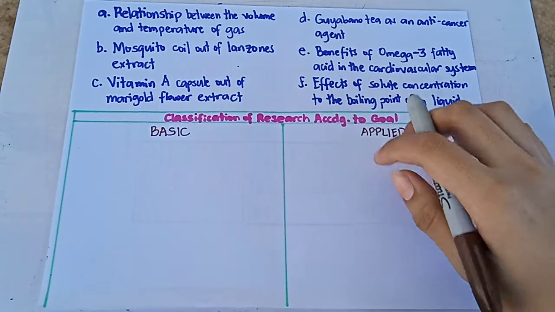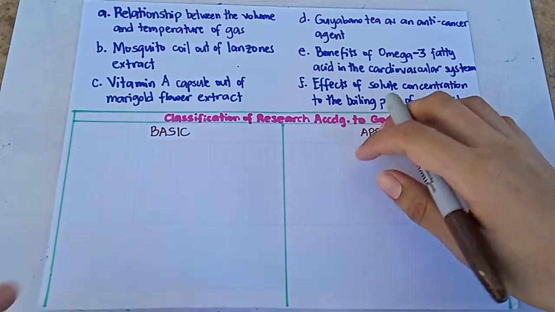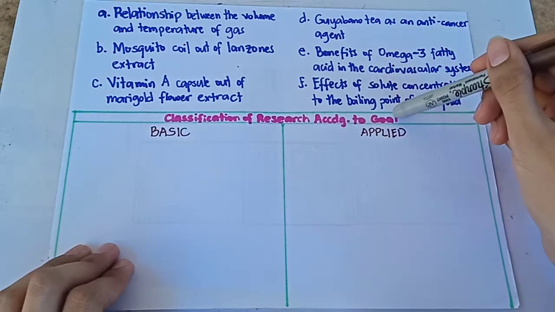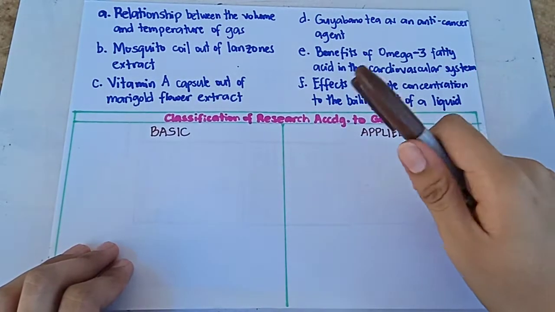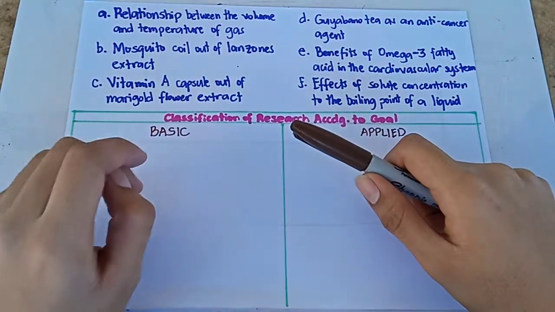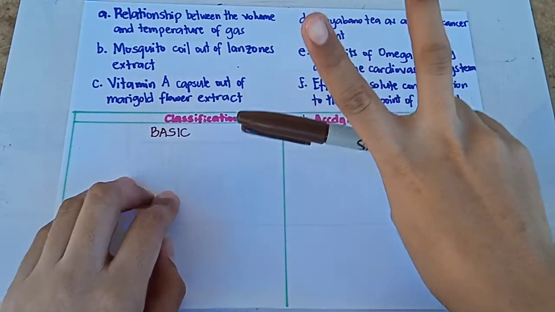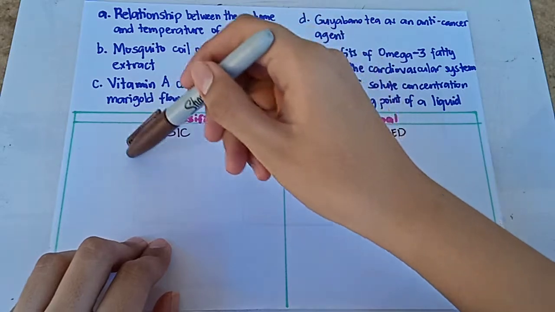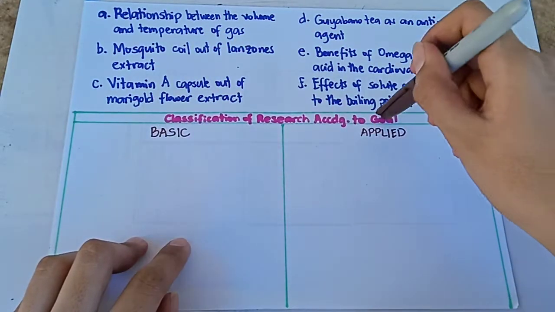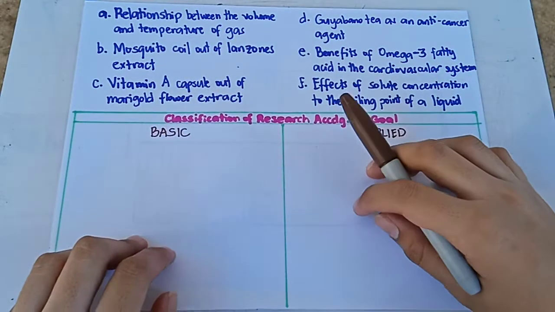Okay, so proceeding with our discussion, first we will start with the classification of research according to goal. In this classification, we have two subcategories: basic research and applied research.